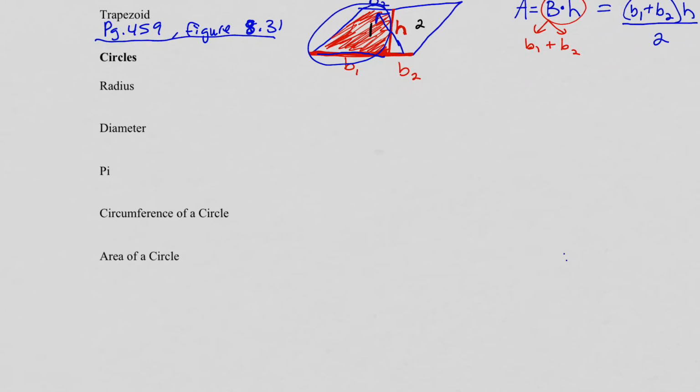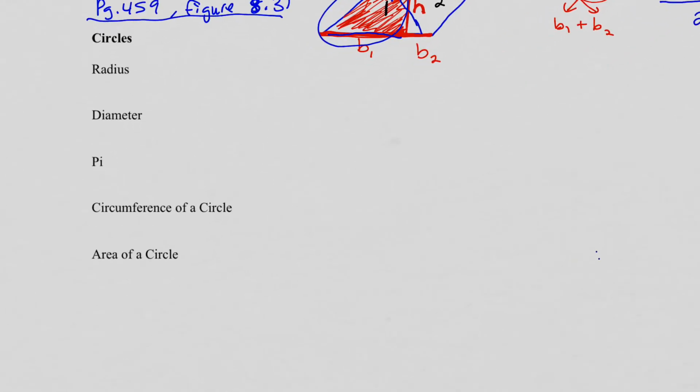And we already talked about radius, diameter, pi, and circumference. So let's just go ahead and go to area. Don't confuse this with perimeter, which is around the circle.